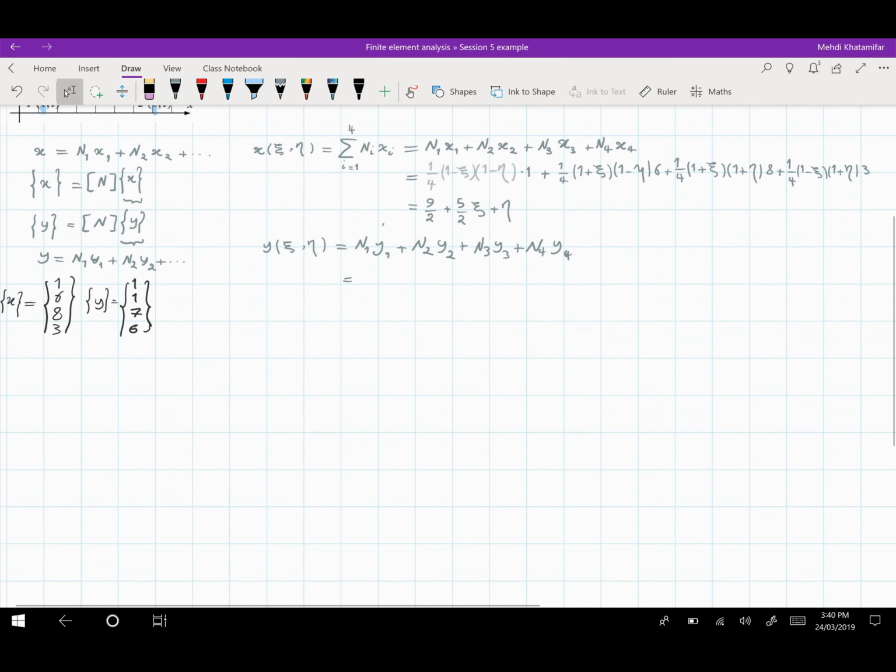Same, everything is going to be exactly the same. This time, instead of using x1 x2 x3, we are going to multiply n1 n2 n3 and n4 with y1 y2 y3 and y4. I'm going to write the first one, and the next ones you are going to do the writing.